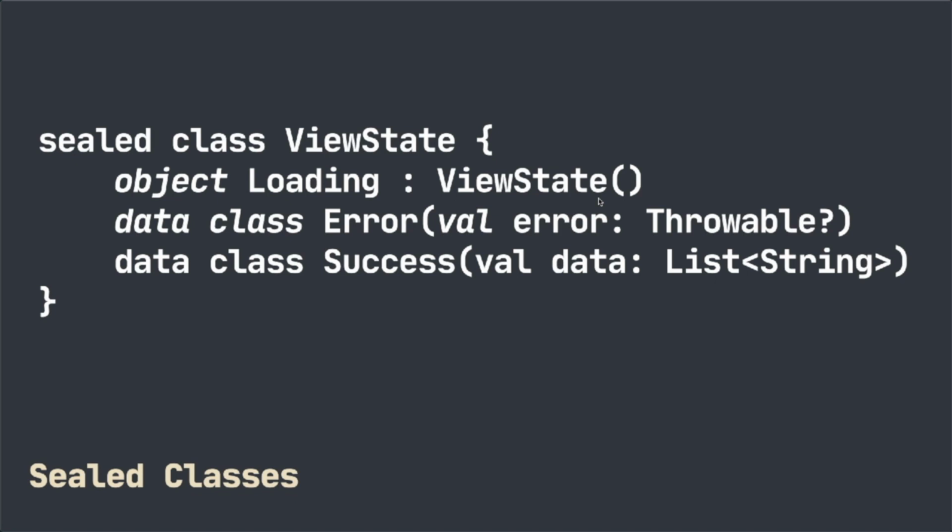We might define an object here, since the loading state could be a singleton and doesn't have any state associated with it. And we can use data classes as we are defining our sealed class as well. So here we have error and success data classes, each taking a single property. So we could compare one success to another and maybe have more efficient diffing as we're updating our UI.